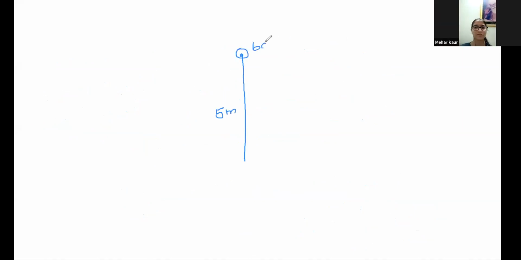Now, there is a ball lying on a post. This is the post. What is the height of this post? 5 meter. And let us say a ball is here, and you hit a bullet.